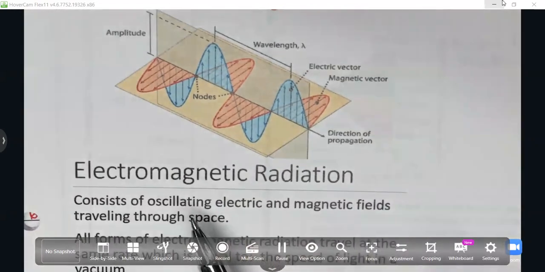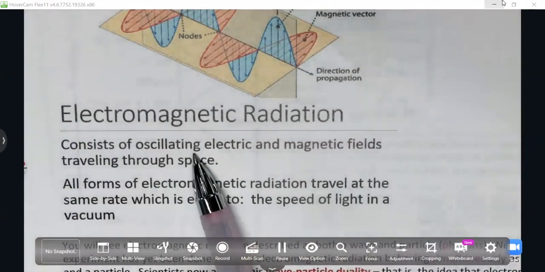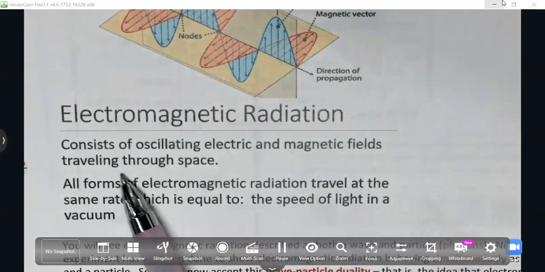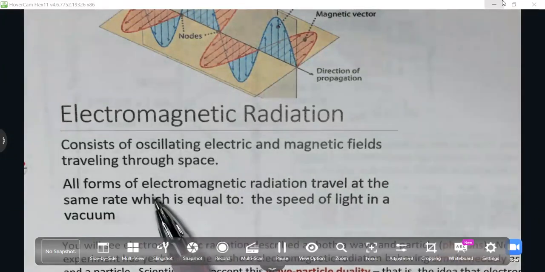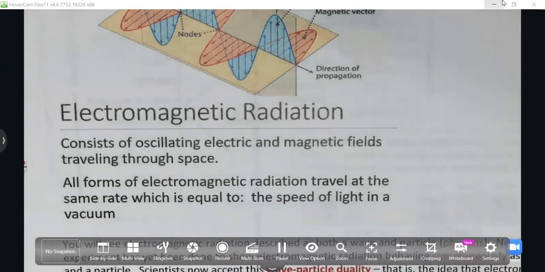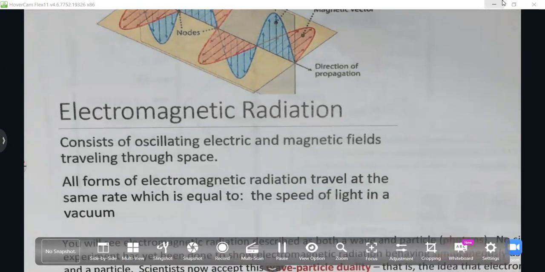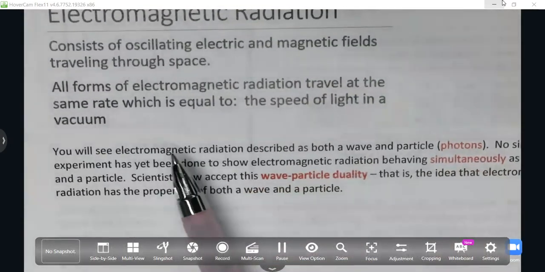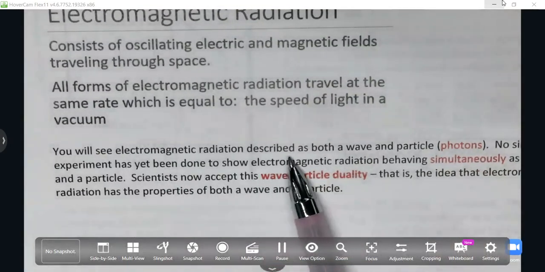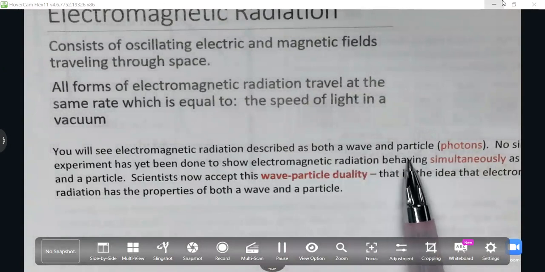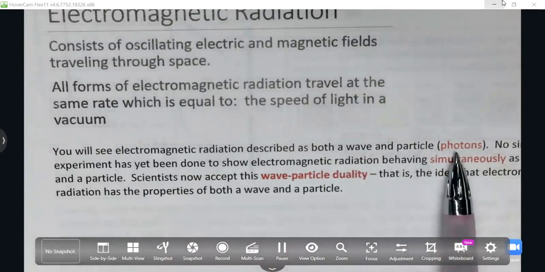So electromagnetic radiation consists of oscillating electric and magnetic fields traveling through space. All forms of electromagnetic radiation travel at the same rate, which is equal to the speed of light in a vacuum, 3 × 10⁸ meters per second. You will see electromagnetic radiation described as both a wave and a particle, photons.